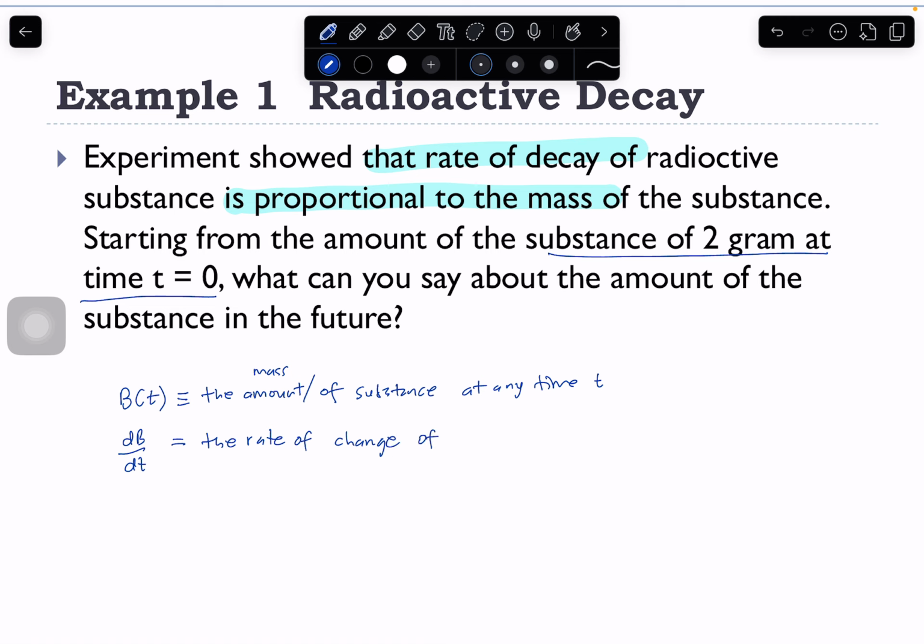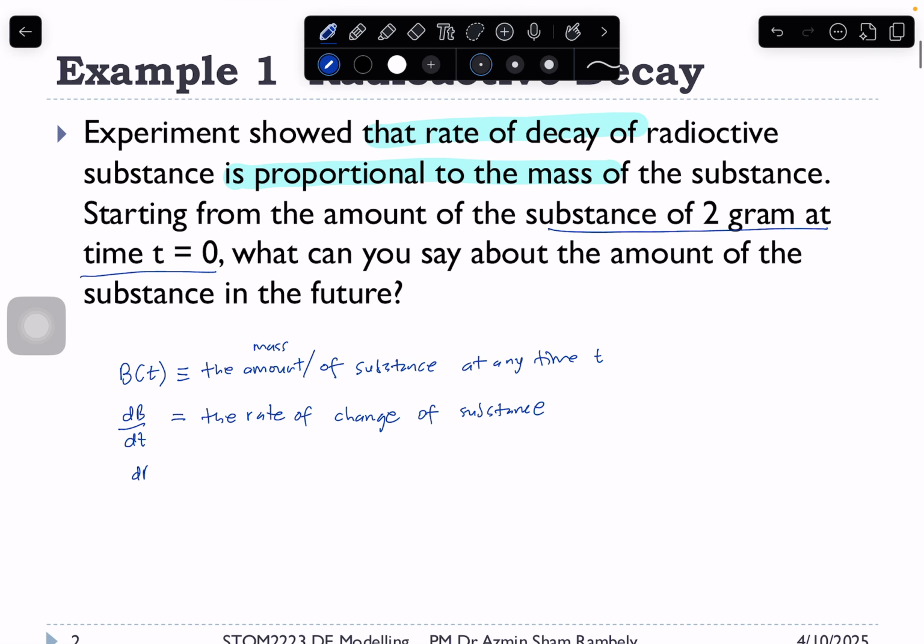dB/dt is the rate of change of the substance. We were given that the rate of change of the substance is proportional to B of T. How do we make this from a sentence problem into an equation?